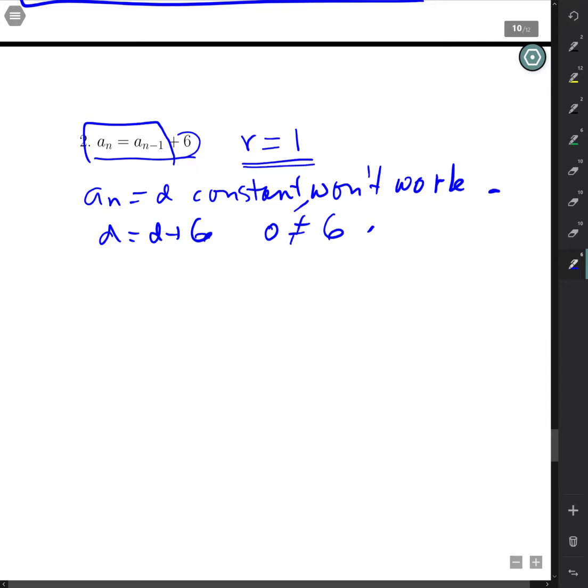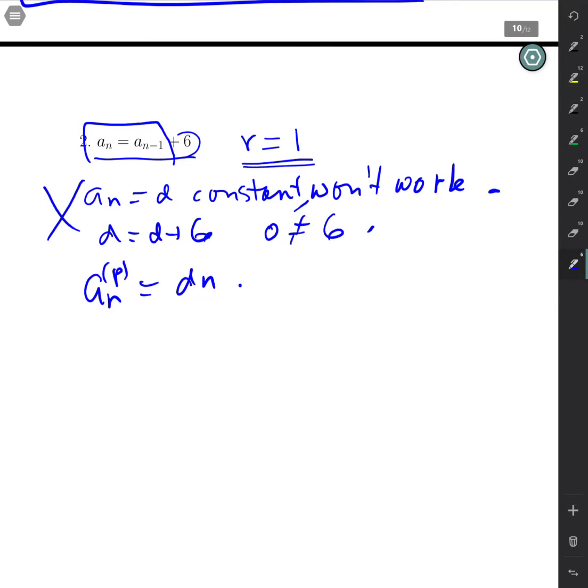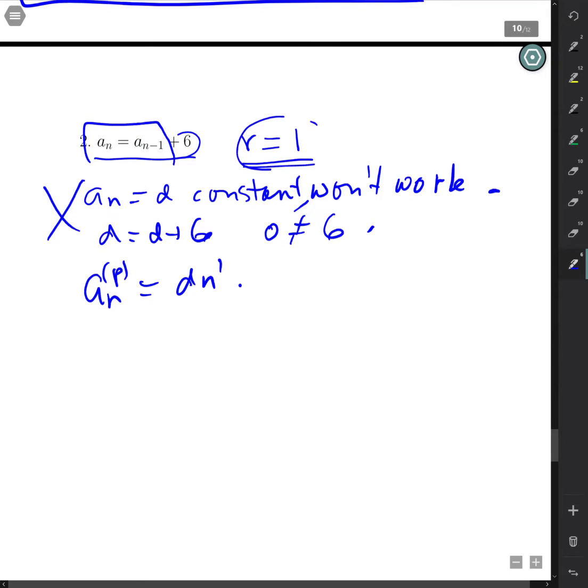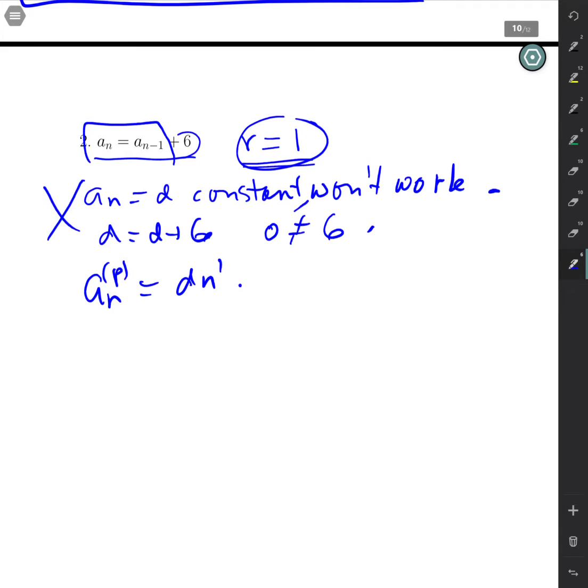So here we'd rather try anp equal to n times a constant d. That n to the first relates to the multiplicity of 1 as a root of this characteristic equation. So dn would work here, whereas d itself would not.